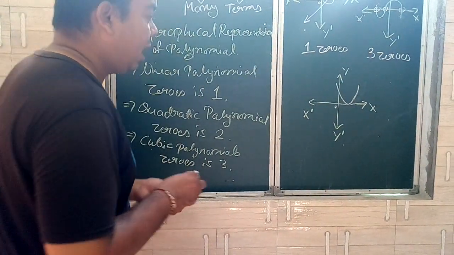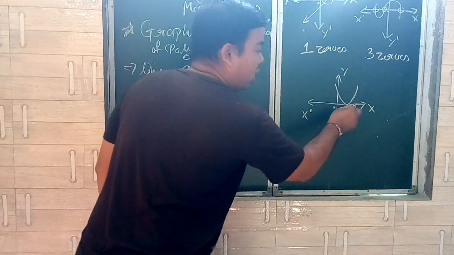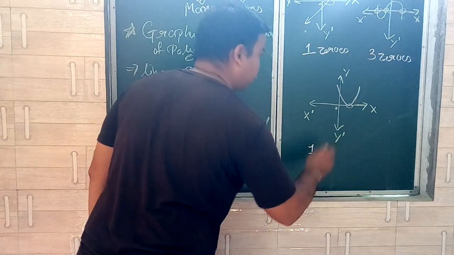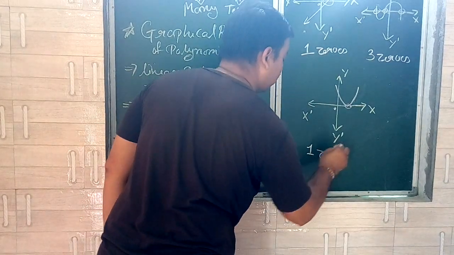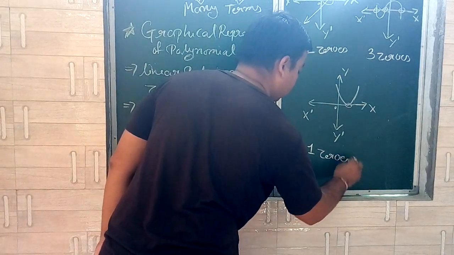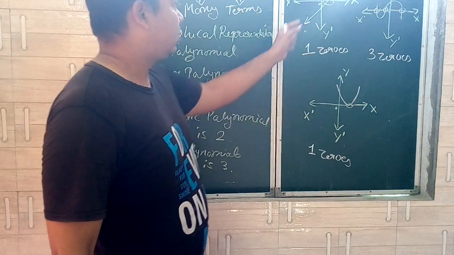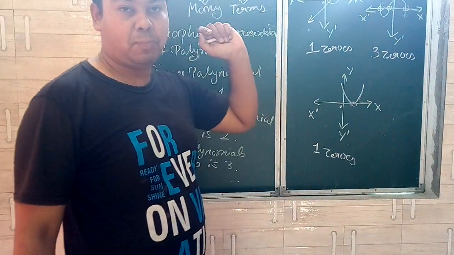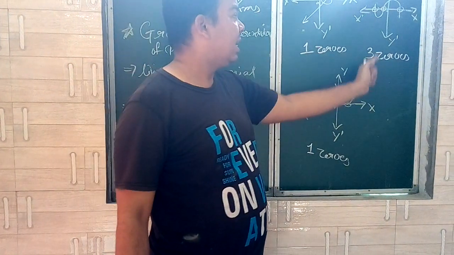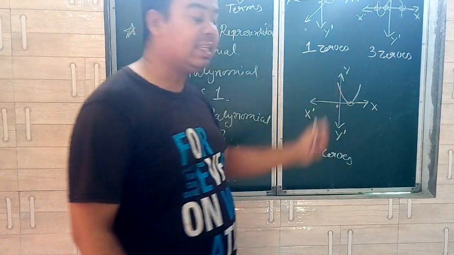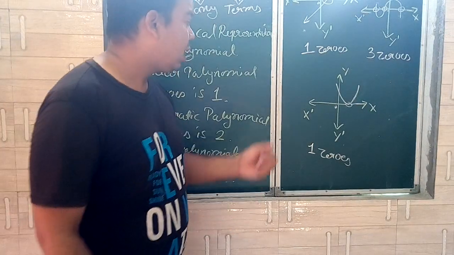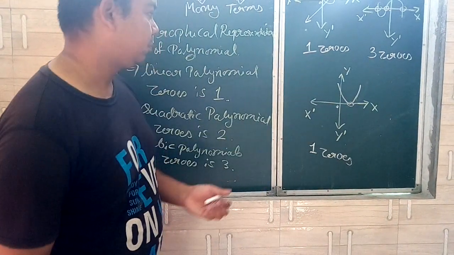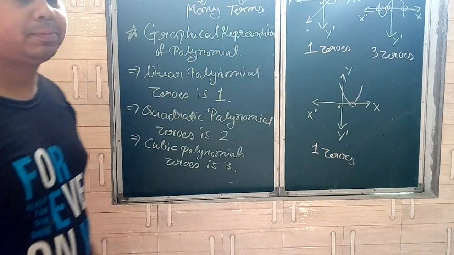So how many are there here? Only 1 point. So the number of zeros is 1. So if it is 1 zero, then it is a linear polynomial. If it is 3 zeros, then it is a cubic polynomial. Okay, this is also a linear polynomial.